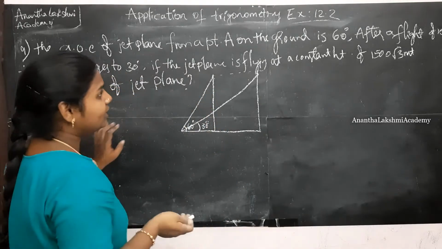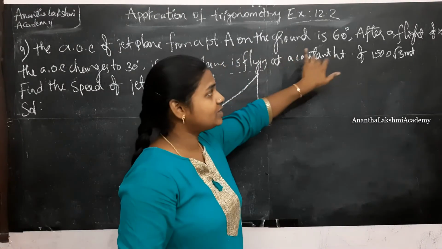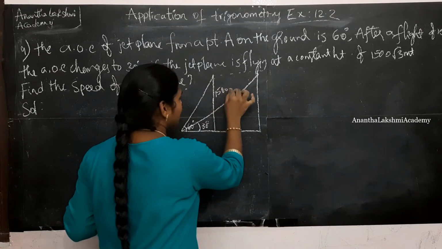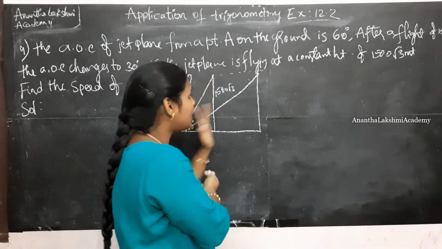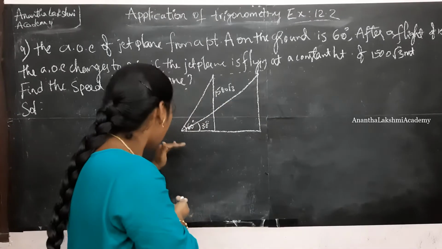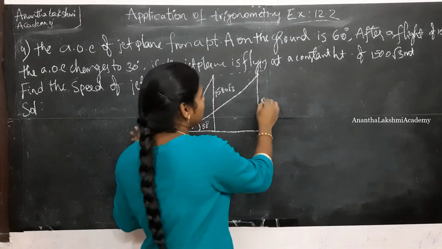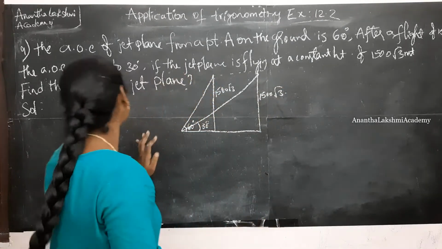The height is 1500 root 3. So when the angle of elevation is 60 degrees, it is flying at a height of 1500 root 3 meters, and even when the angle of elevation has come down to 30 degrees, it is still traveling at a height of 1500 root 3 meters.